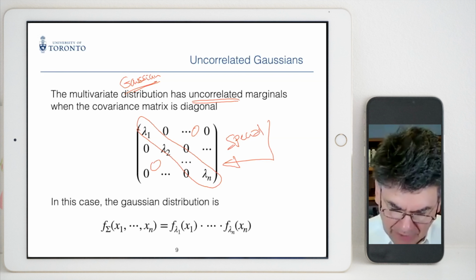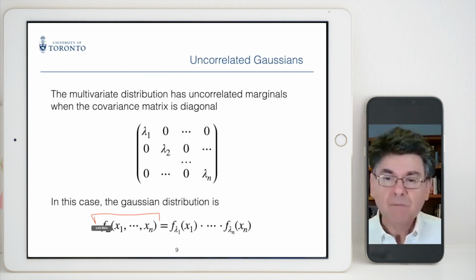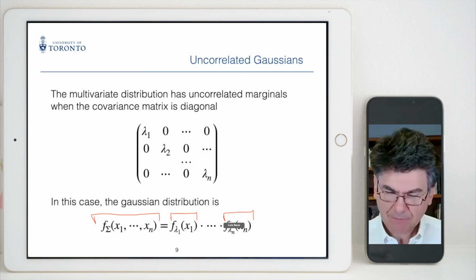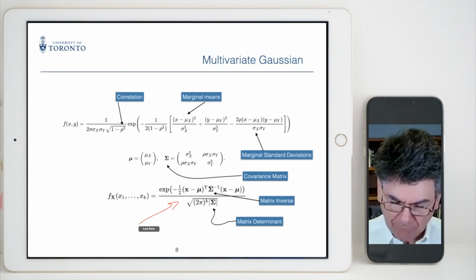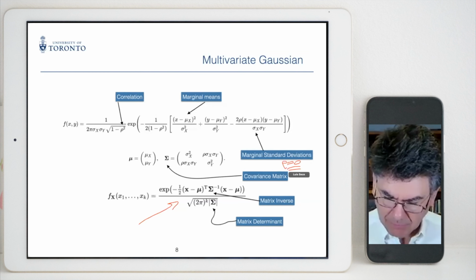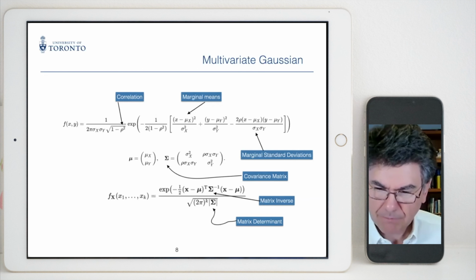That's very convenient because in this case, the density of my Gaussian is the product of the one-dimensional densities. If you go here and rho is 0, then the exponentials that we have here break down into the product of the individual one-dimensional Gaussians.